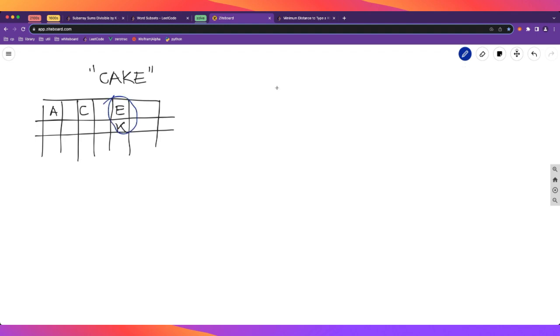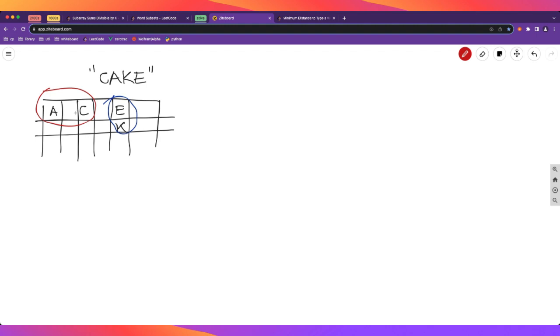So this is one cluster, and this is another cluster. Why is it a cluster? Because these two are one unit apart, and these two are 2 units apart.